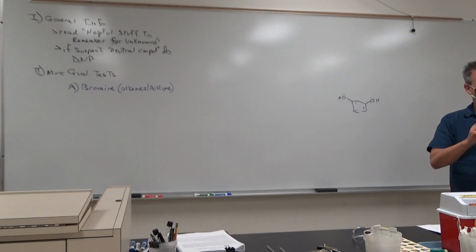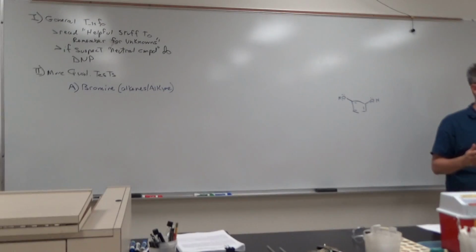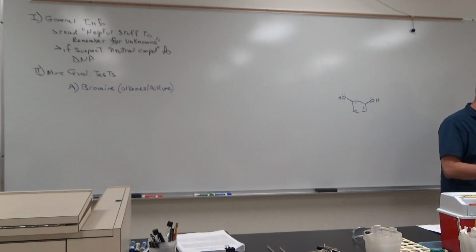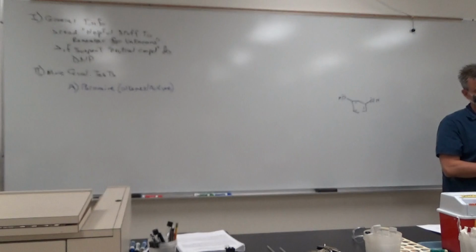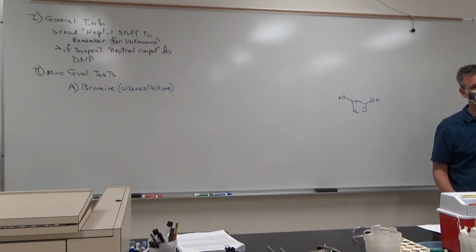However, that would be a reasonable thing to suspect. However, if you put it up there and you don't get the red, don't jump to the opposite conclusion. Don't jump to the conclusion that you don't have an activated aromatic. It might just not be activated enough. So it's a weaker test.